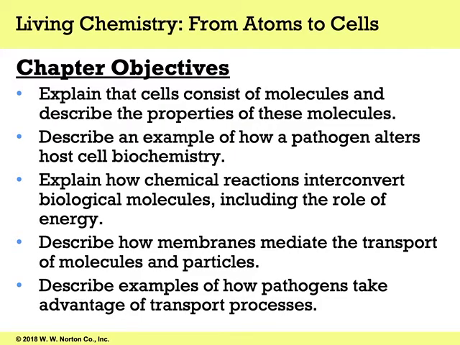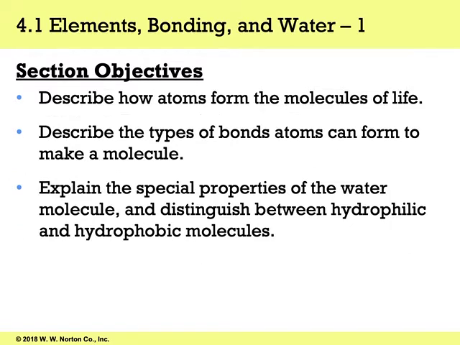We'll talk about the composition of cells, the foundation of biochemistry and chemistry, and relevant biological molecules and their role in the life process. We'll describe how cell membranes work and what transport mechanisms they use in order to get the materials they need and dispose of the wastes that would threaten their existence. And we'll talk about examples of how pathogens take advantage of these processes.